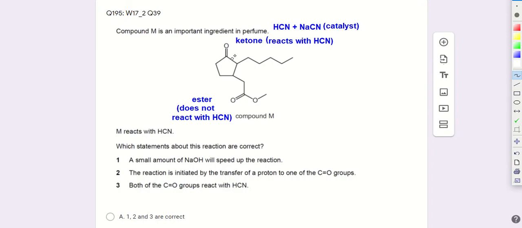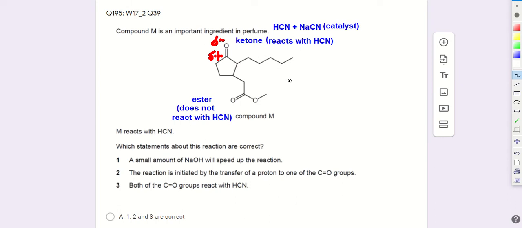So this is the one that reacts with HCN. This one, no reaction. Others, no reaction. So I'll put partial charges here. This carbon is partial positive, and this oxygen is partial negative, so it can be attacked by the nucleophile.